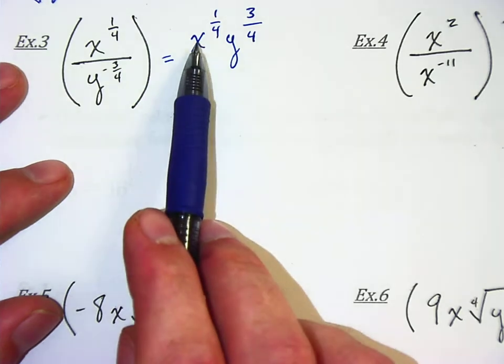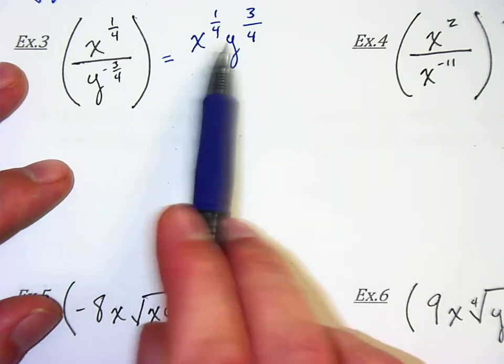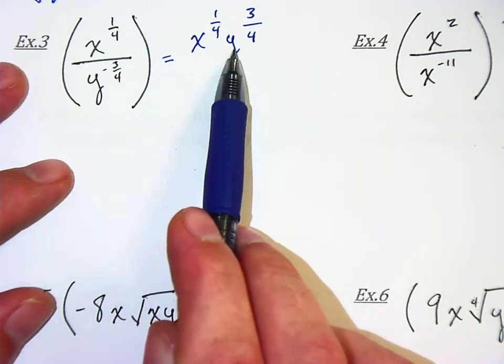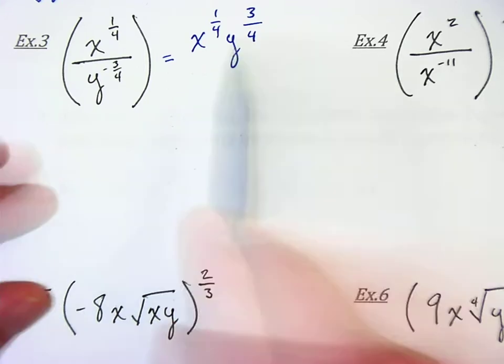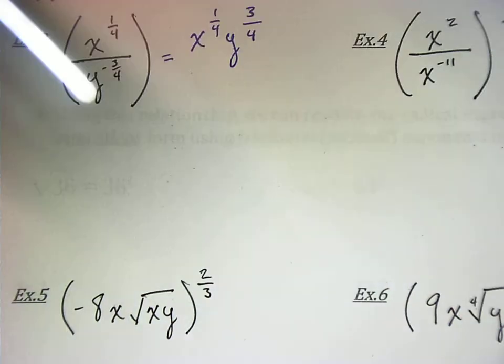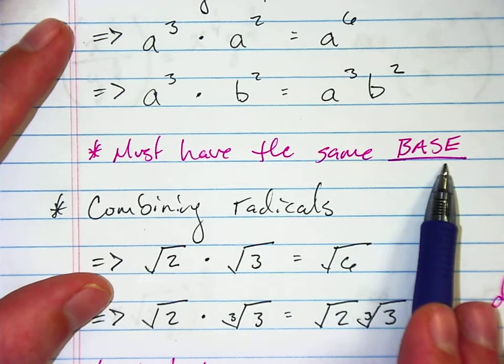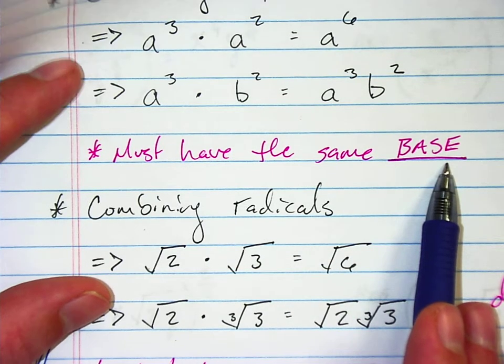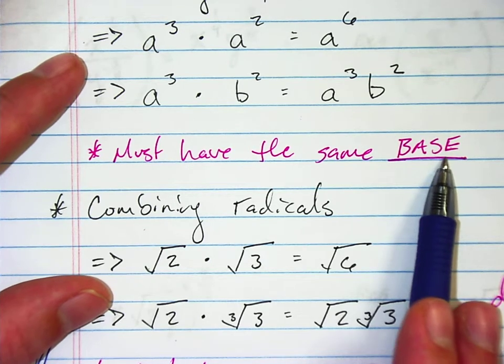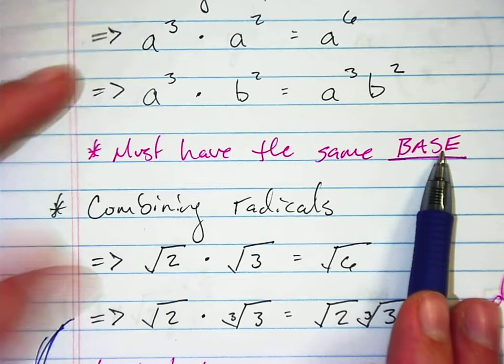Okay, do I have the same base? I do not. As far as combining exponents goes, remember what we said, to combine exponents, must have the same base. Well, I don't have the same base. So as exponents, I can't combine these two things.